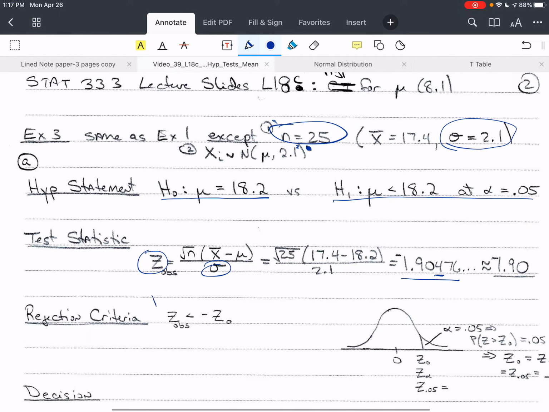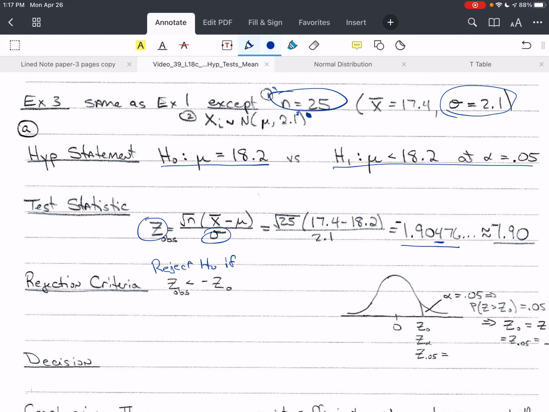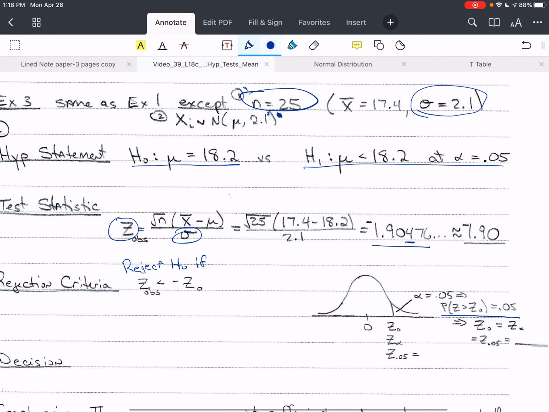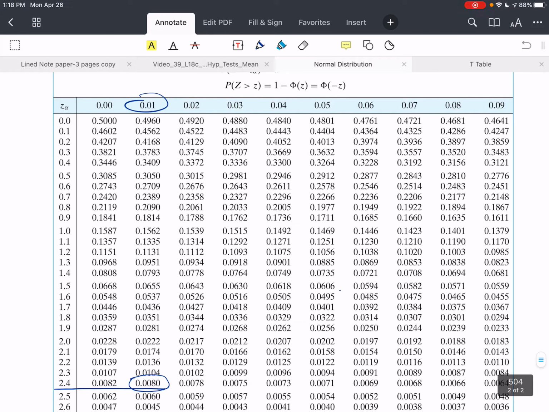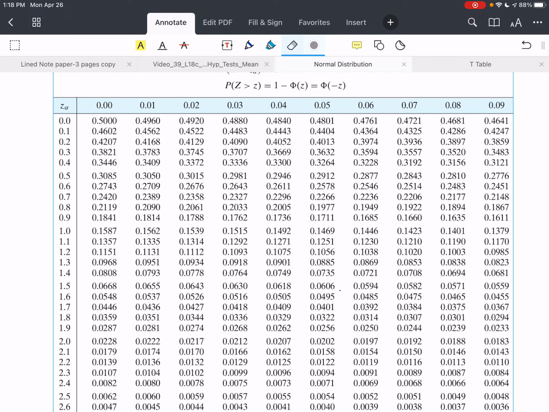So the rejection region is reject H naught if z observed is less than negative z naught. Now z naught is going to be the same as z sub alpha. Alpha is 0.05, so the probability that z is greater than z naught is equal to 0.05. We look at 0.05 on our z-table, and we're not going to find that exactly.